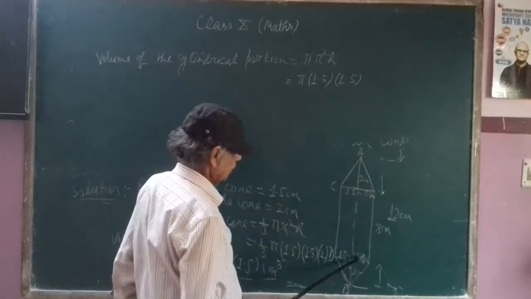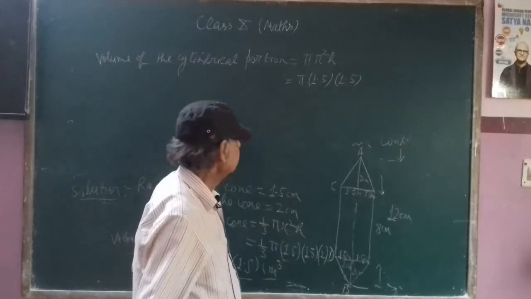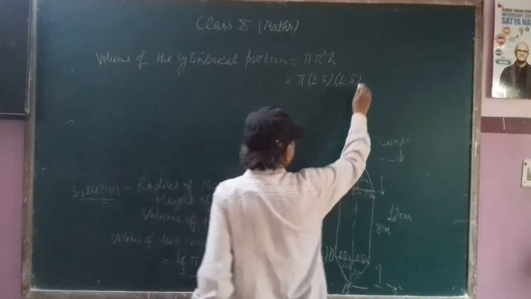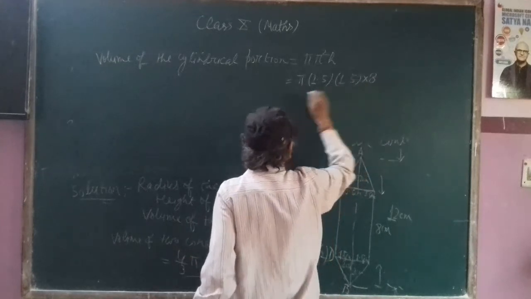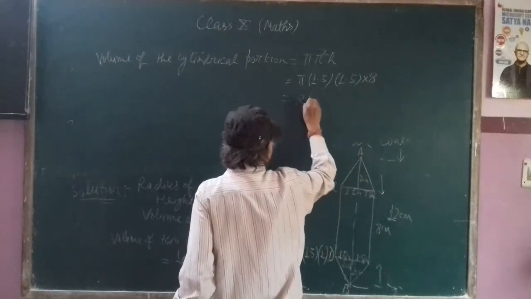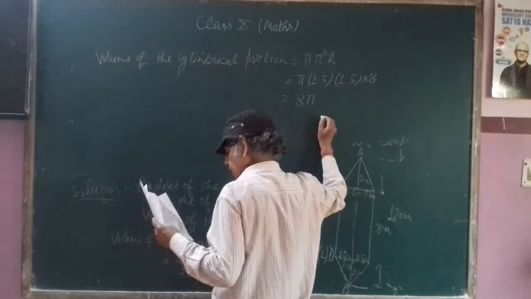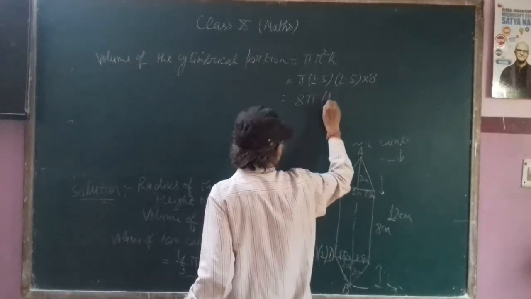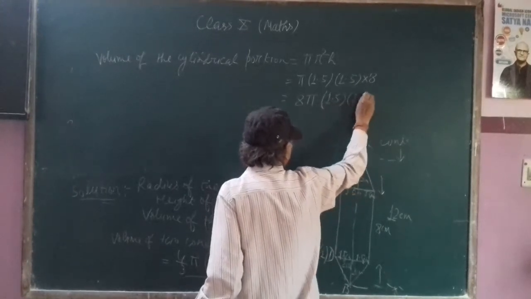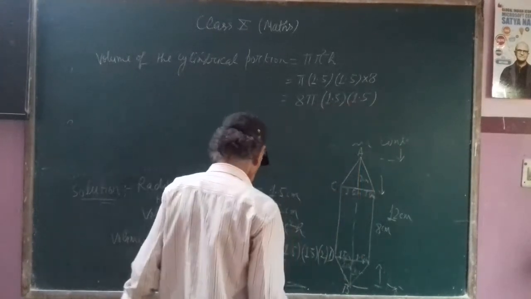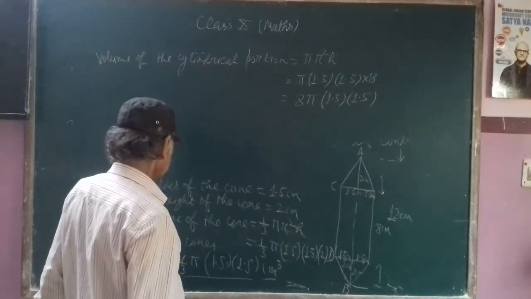The length of the cylinder is 8 centimeter, so you multiply by 8, or write it in front. So you will get 8 pi into 1.5 into 1.5. Now you can do it further.